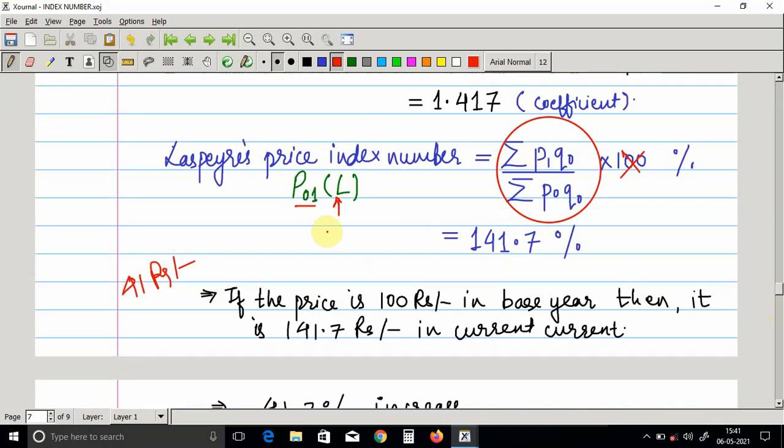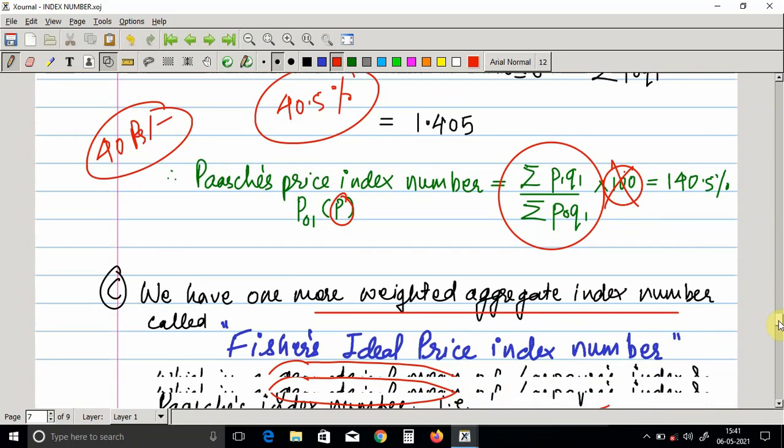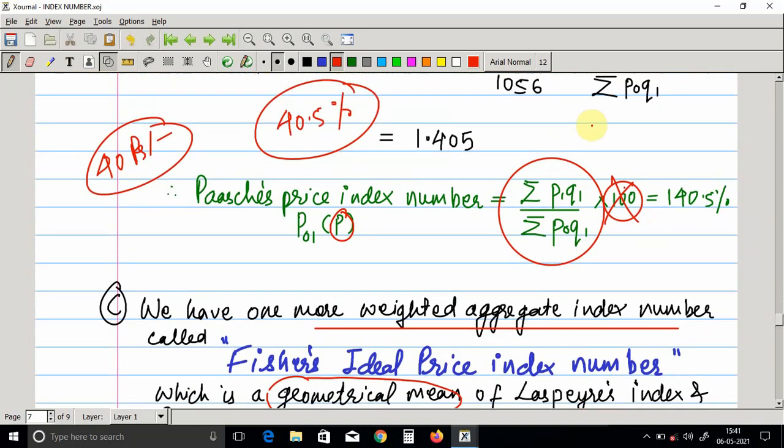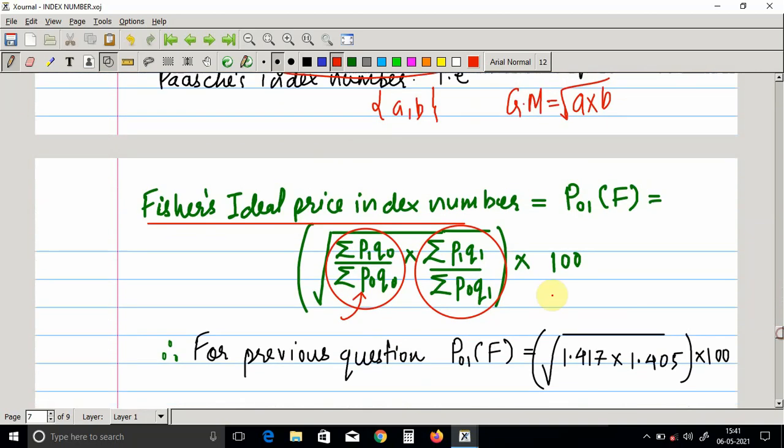So here it is 1.417, a decimal number, and here it is 1.405. Multiply them, take the square root of it.